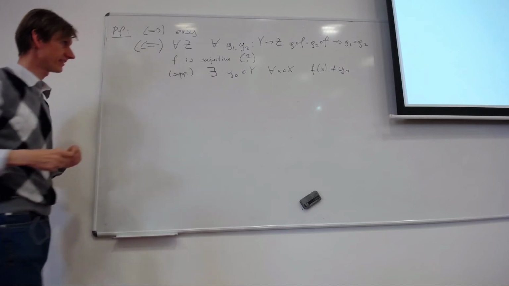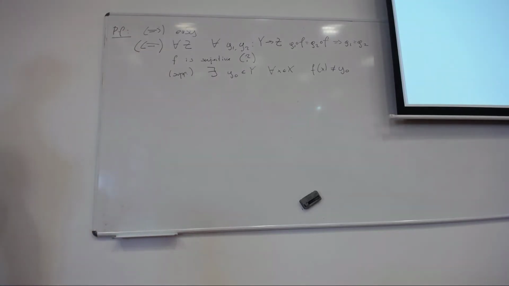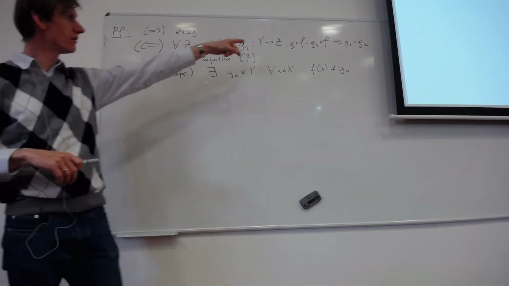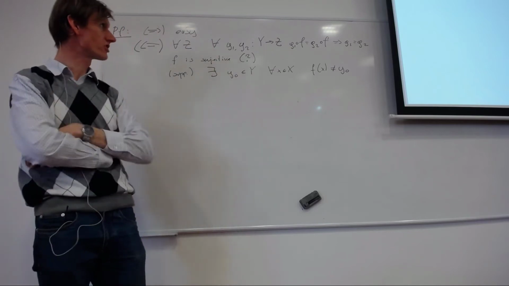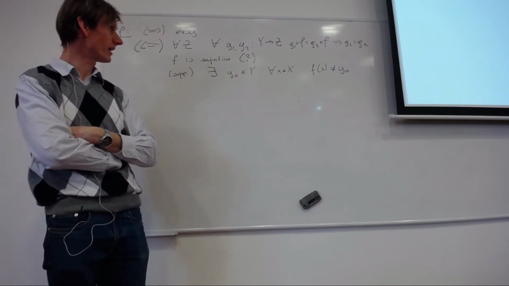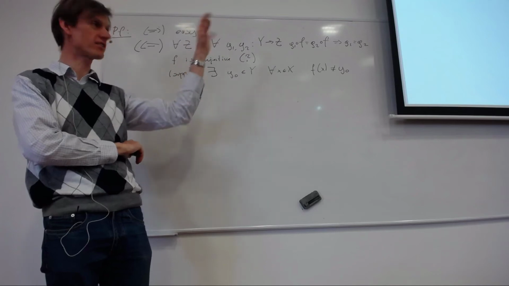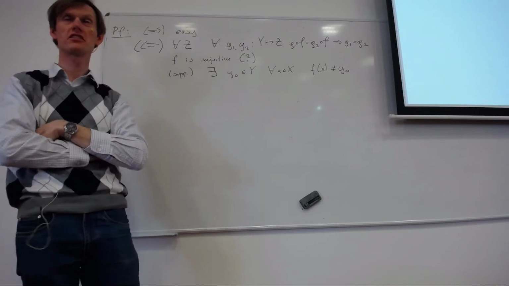Now we have this property for all functions G1 and G2, so let's try to use it to get a contradiction.